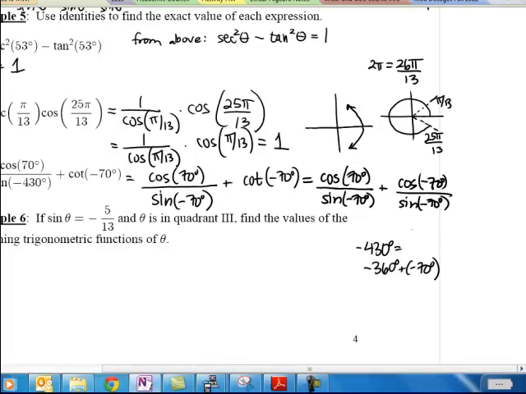So really what we could do is say whether we have a 70 or a negative 70, the cosine is the same, so that we can get these to match up.